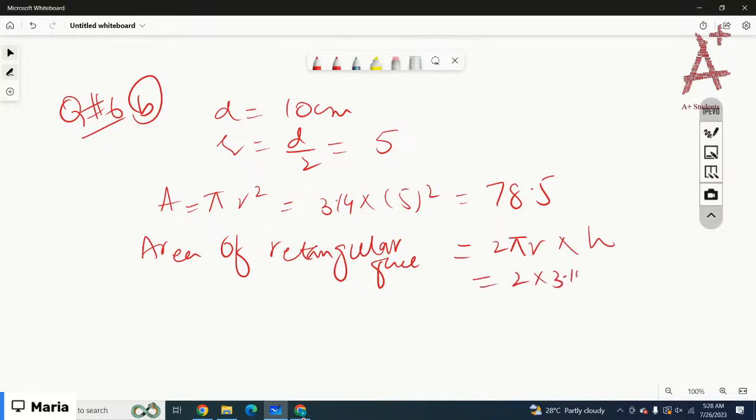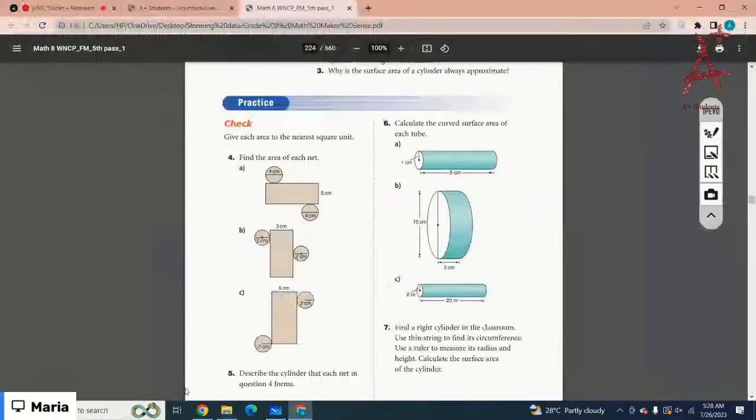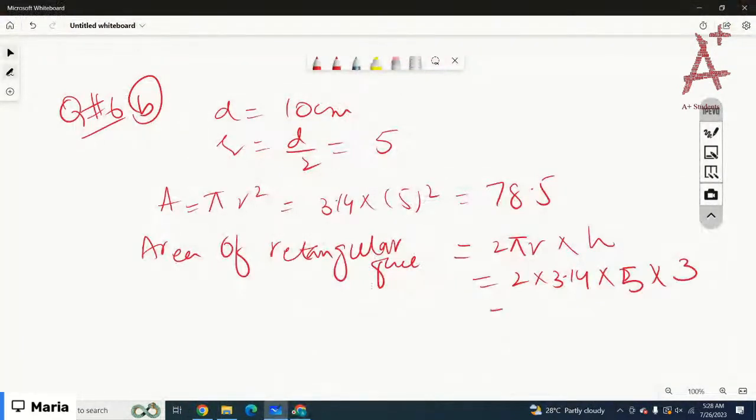So it would be 2 times 3.14 times r is 5 times height of the cylinder is 3. So just multiply. Got it? Multiply all the values. 2 times 3.14 times 5 times 3. That would be 94.2. That is the area of the rectangular face.